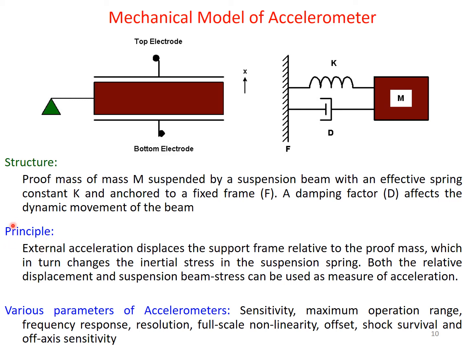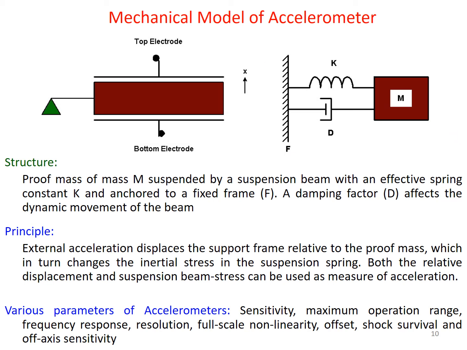Now what is the principle? External acceleration displaces the support frame relative to the proof mass, which in turn changes the inertial stress in the suspension spring. Both the relative displacement and suspension beam stress can be used as a measure of acceleration. That is a very beautiful principle. So what we told is that basically this is your accelerometer, and obviously some reference frame will be there. So this will be the reference frame, and inside the reference frame your accelerometer is present.